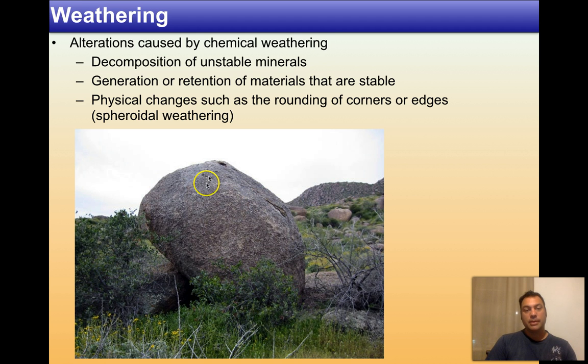So this would be attacked in 3 directions. This is attacked in 1 direction. What does that do? That winds up wiping out the corners, and it slows down, by comparison, the rate of weathering on the sides. And so it turns it basically into a ball. Here we can see in the background several of these. This is a photograph that was taken in Joshua Tree National Park in California.